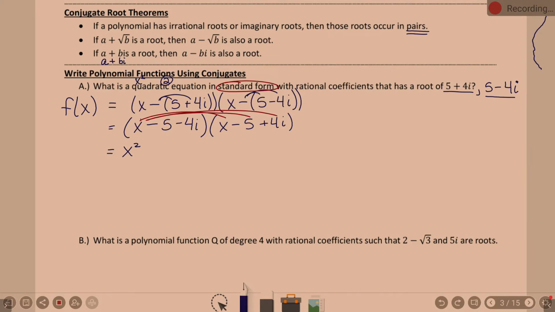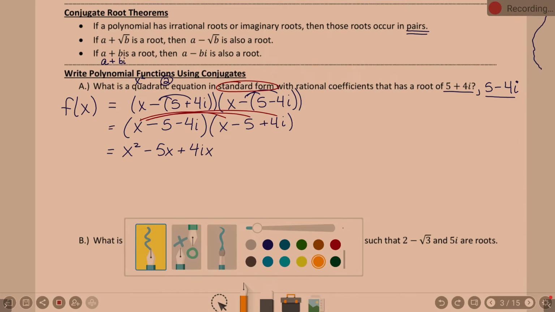X times minus 5, negative 5x. X times 4i. Think of the i as another variable. So if this is x times 4i, I'm going to write it as 4ix. Now we're just throwing silly stuff out there. When did we put the alphabet into algebra?